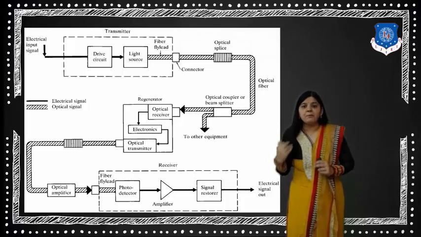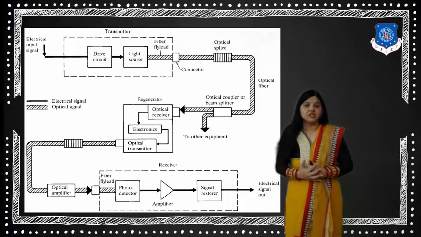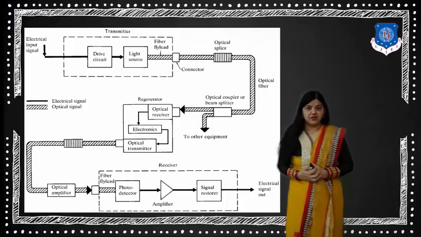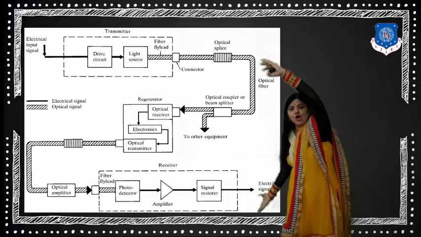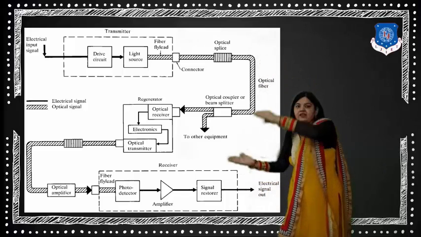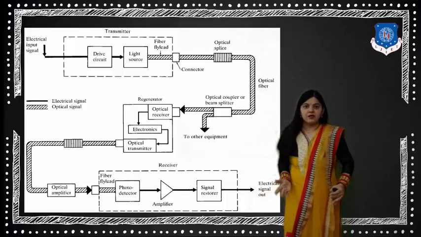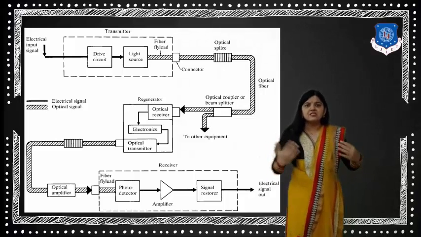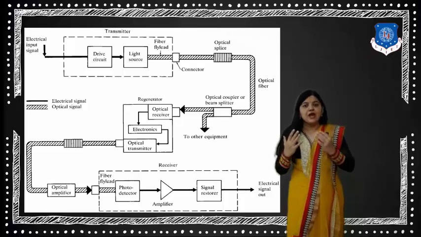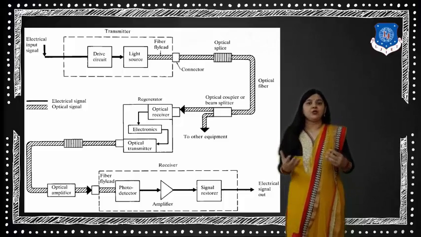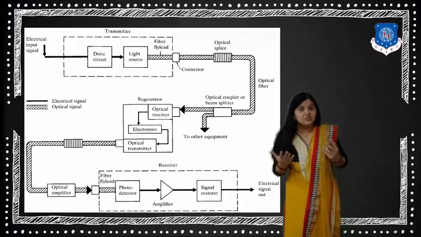Now we have the repeater or regenerator in between. So that is the optical transmitter, over here the optical receiver, and between them there is a repeater. As we know, whenever the distance is large, at that time we need to amplify or regenerate the signal.